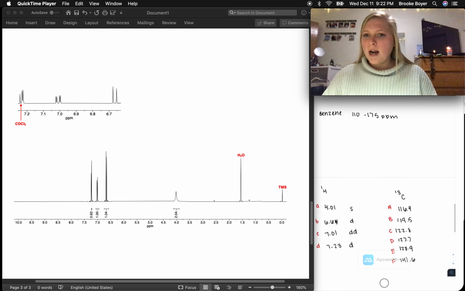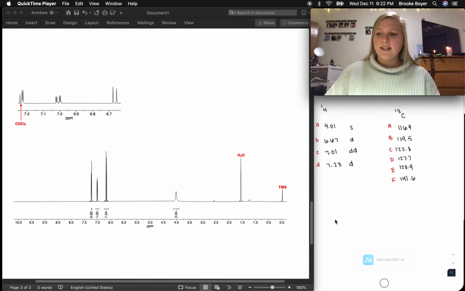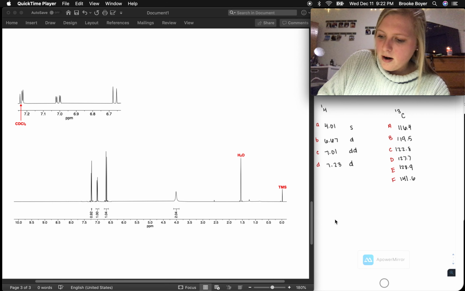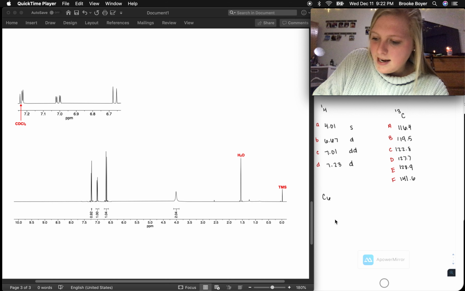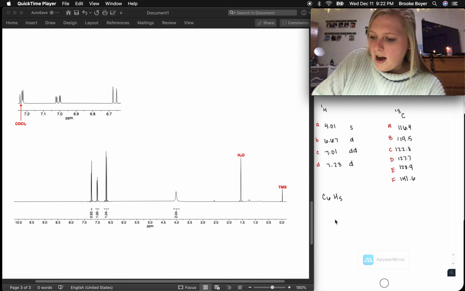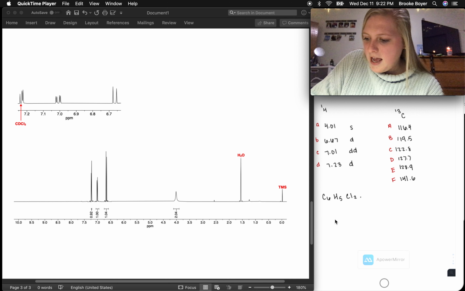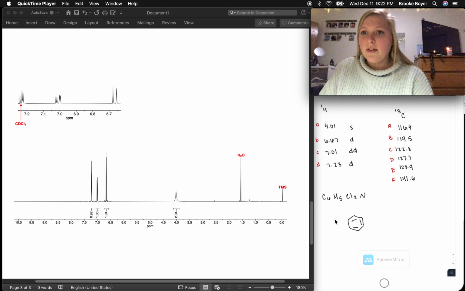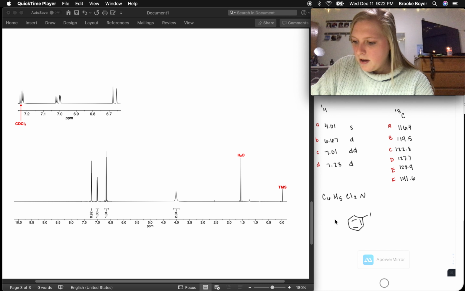So now what I went ahead and did is I compacted everything that we know from the hydrogen and carbon 13 NMR. And we know that our molecular formula is C6H5Cl2N. So we know that there's going to be a benzene ring, and we know that there's going to be a primary amine.